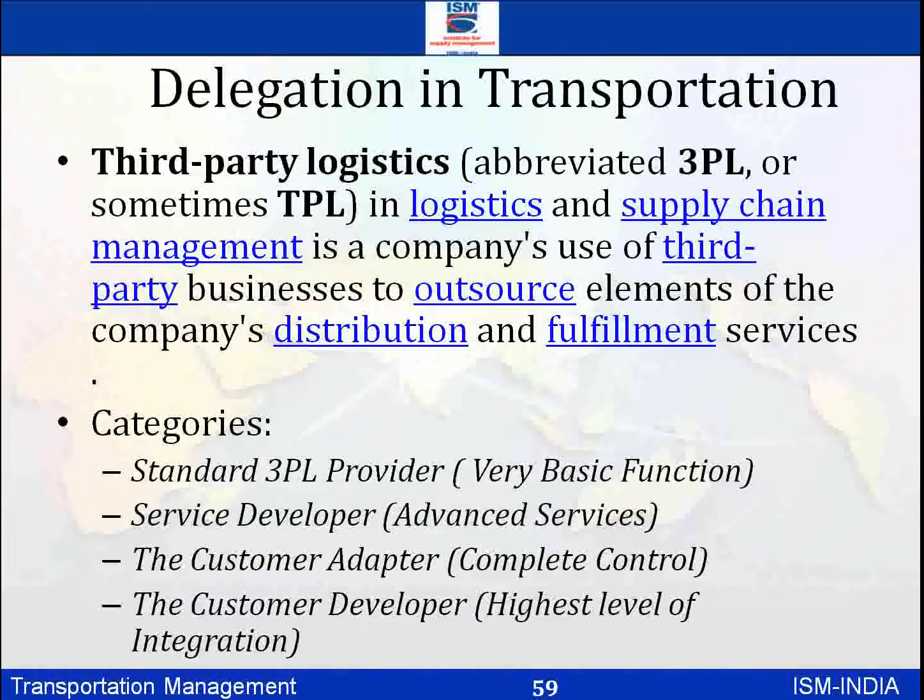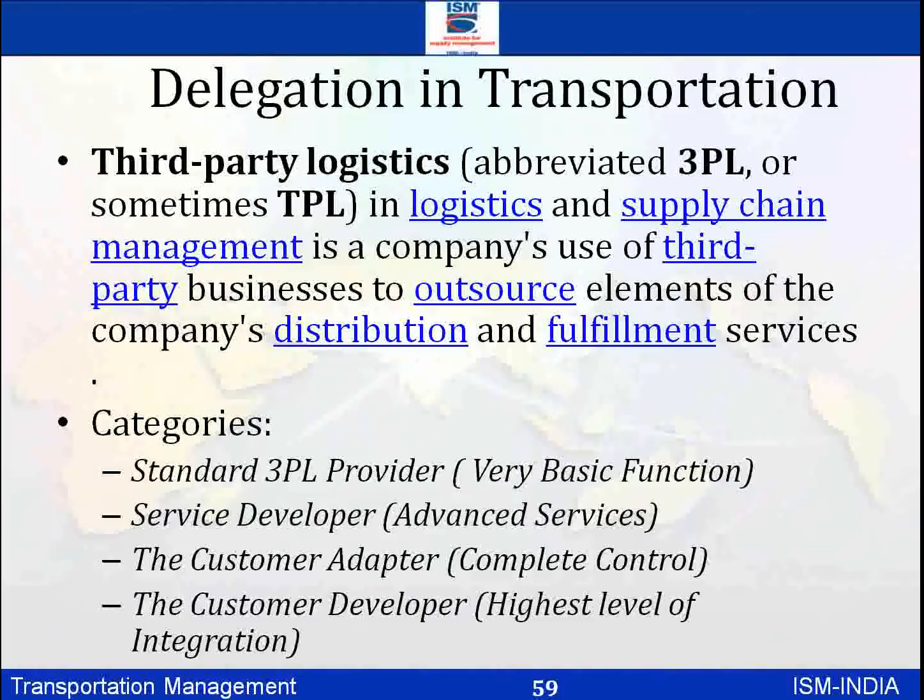Now coming to the next one, the delegation in transportation, the third party logistics called 3PL, or you could call it TPL, where T stands for third party logistics. That means you're giving the whole job to someone for distribution and fulfillment services. Technically 3PL is a very basic function.